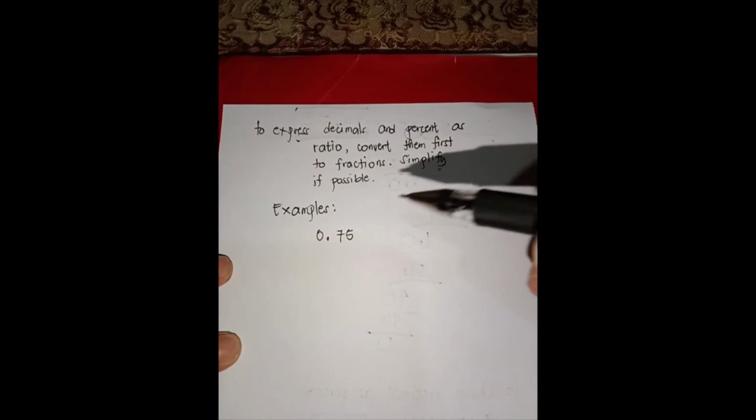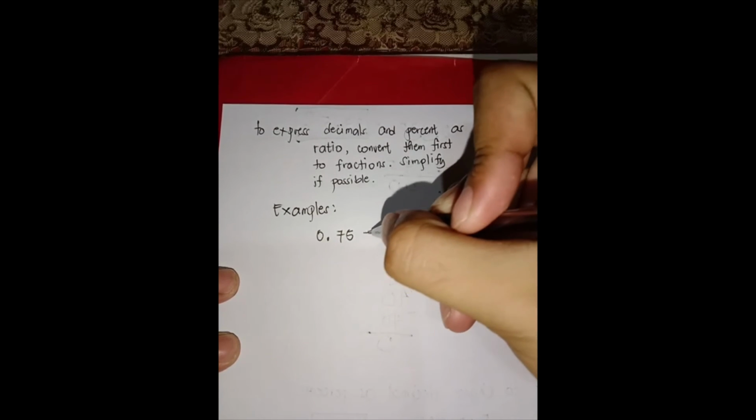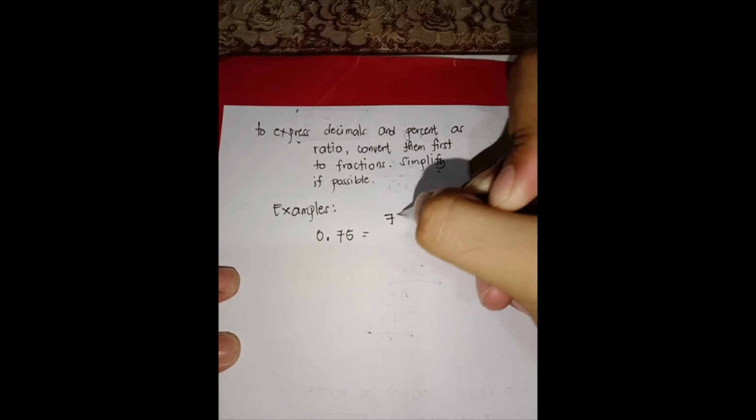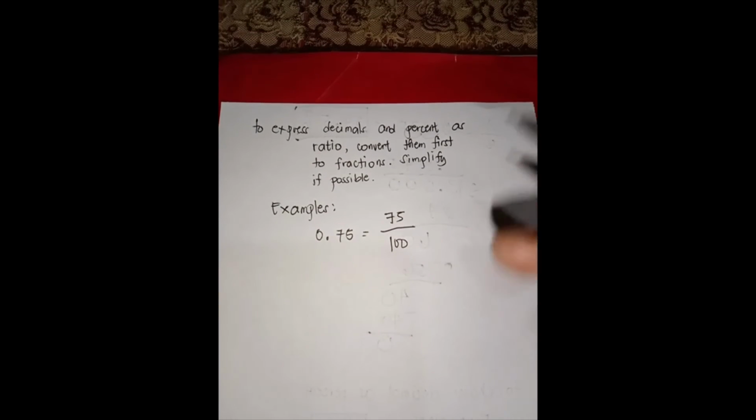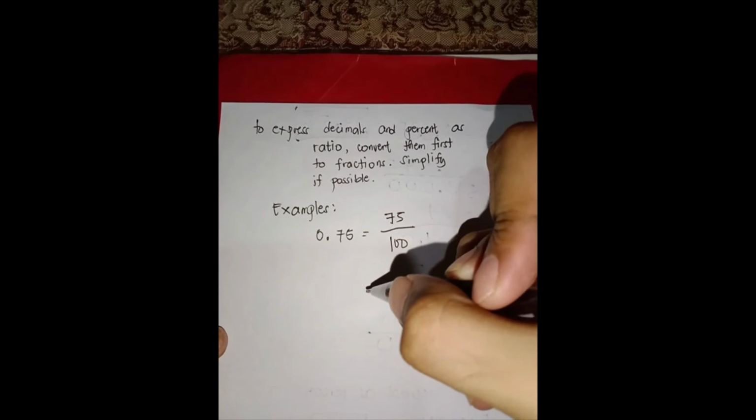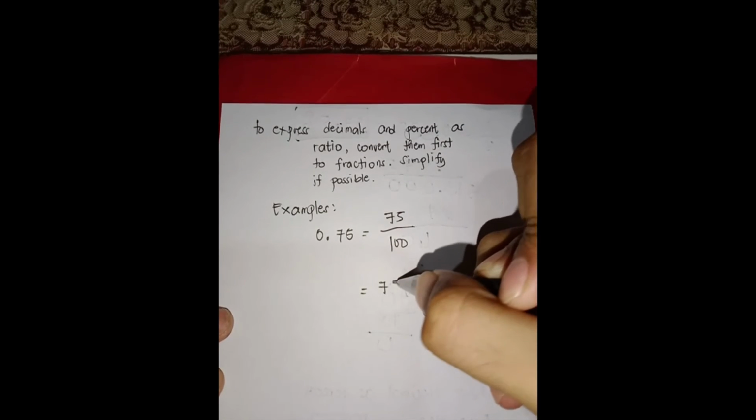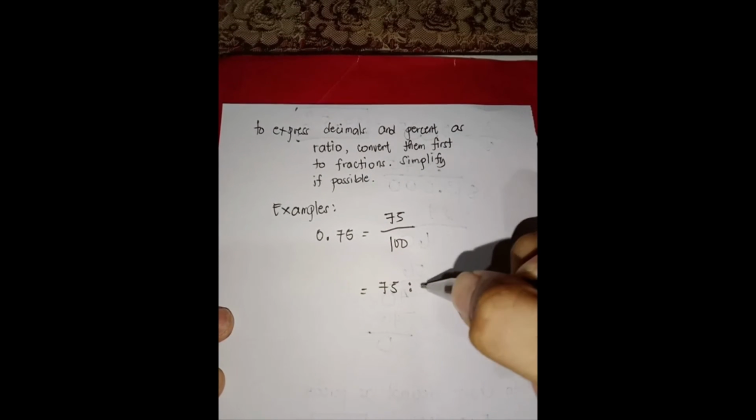Okay, so first, convert it into a fraction. So therefore, we have here 75 over 100. So we use 100 as the denominator. So the next step is we will write it as a ratio. So therefore, we have 75 out of 100.